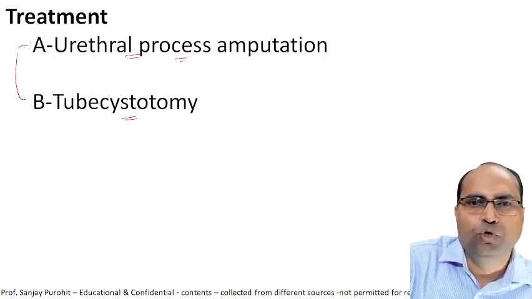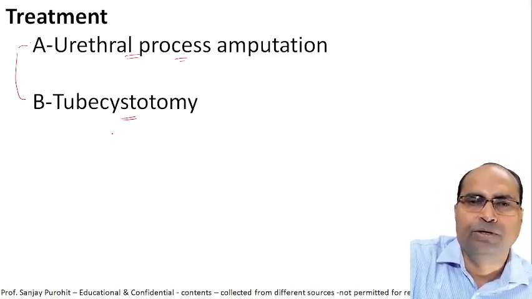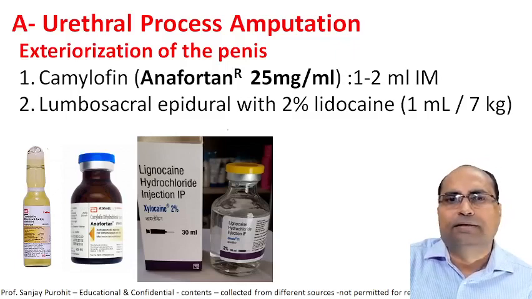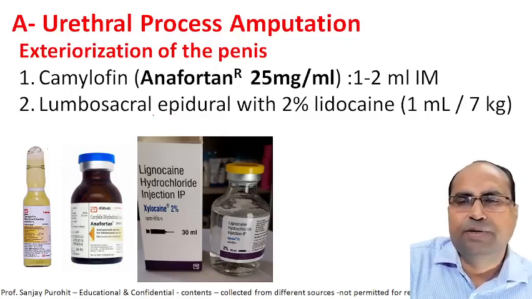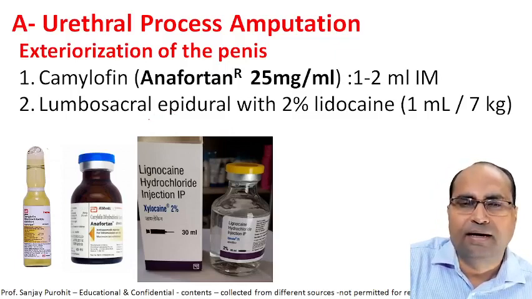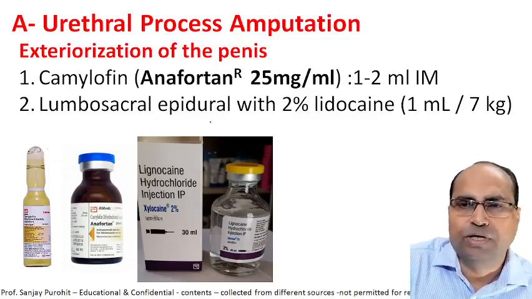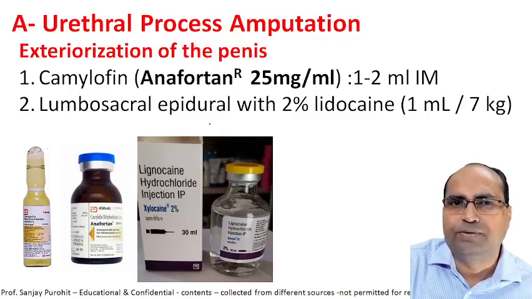Second one is tube cystotomy. The maximum incidence of the urolithiasis in bucks is on the urethral process. So first the urethral process amputation is performed.